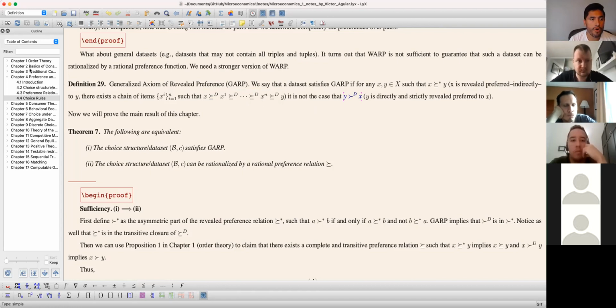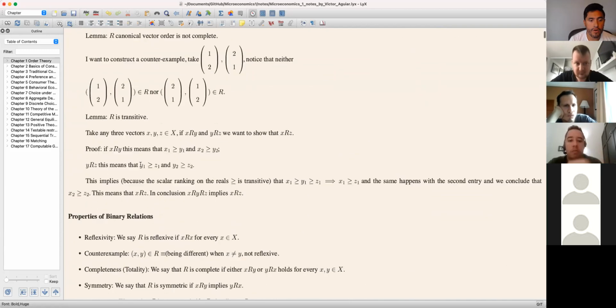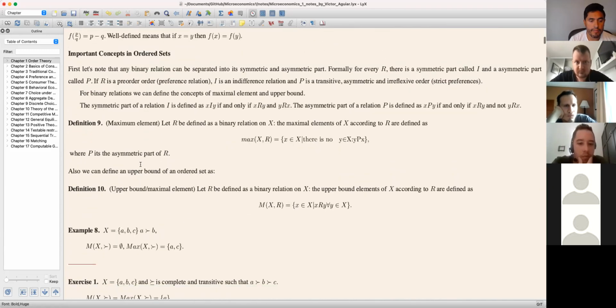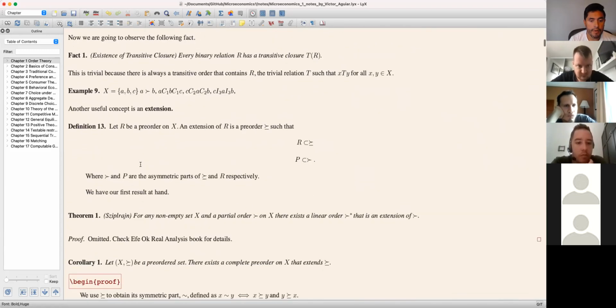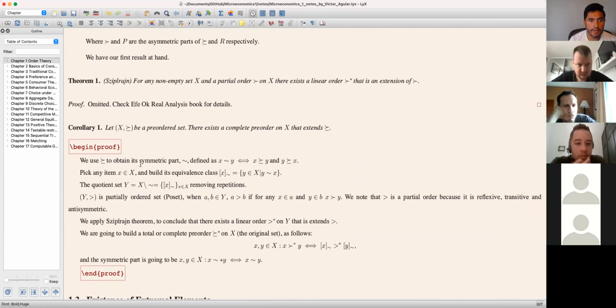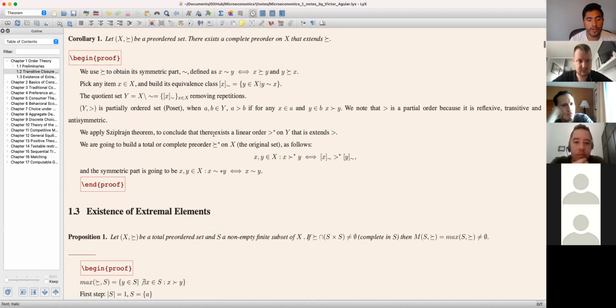Now I want you to go to order theory, and you can go to proposition 1. This is the part I want you to read. In proposition 1, we're going to have the Szpilrajn extension theorem, theorem 1, where we show that a partial order can be extended to become complete. And in particular, there are some corollaries that I want you to read as well.